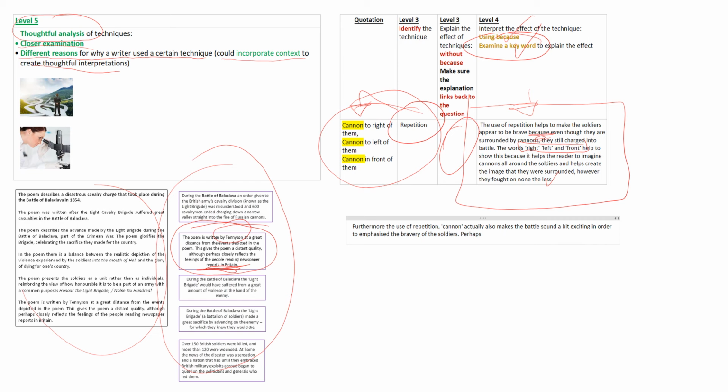So I'm sort of saying perhaps the reason why Tennyson wanted the battle to sound exciting was because he wanted to emphasize the bravery of the soldiers and honor them, rather than showing the brutal reality of hundreds of soldiers going to their deaths.